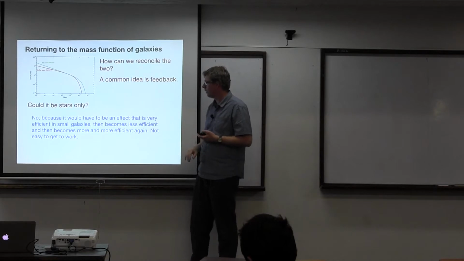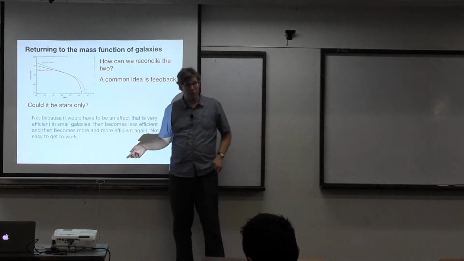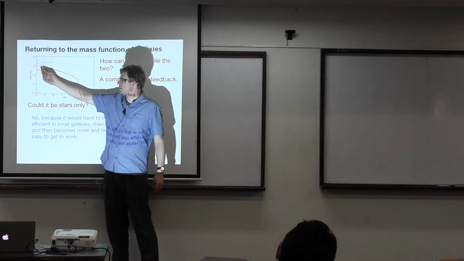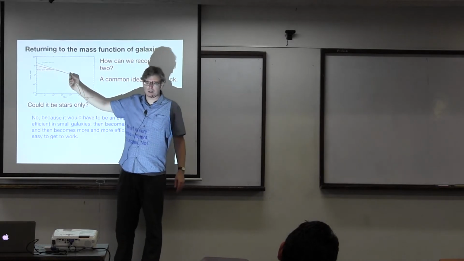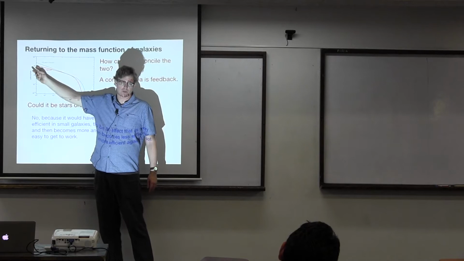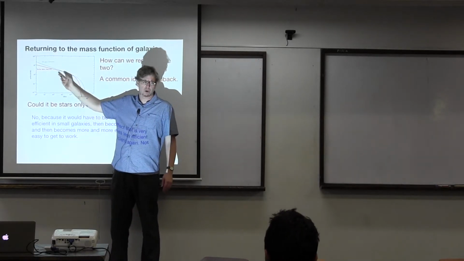Okay? So as I said on Tuesday, feedback, we know stars do this. Supernovae do this. But it cannot be only stars, as I said yesterday, because in that case, it would have to be an effect that got bigger and bigger as you went to small masses, and bigger as you went to large masses and was small in the middle.